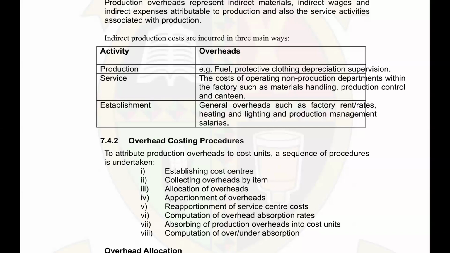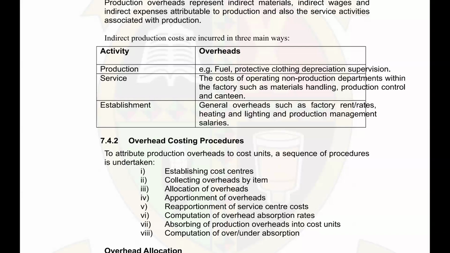So the general overheads such as factory rent, the rent that you pay for the entire factory, the cost that you pay to heat water, the cost that you pay for lighting, the bulbs lighting the entire factory, the entire building.